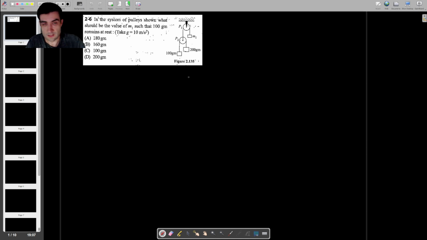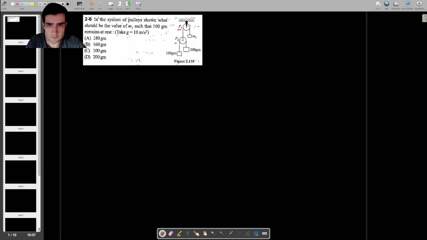So in this problem we have a system of pulleys and we have three masses. We have a fixed pulley called P1, and a mobile pulley, which is P2. One of the masses, namely M1, is unknown, and of the other two masses, one is 200 grams and the other one is 100 grams.